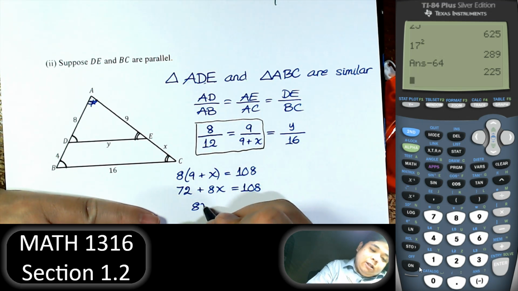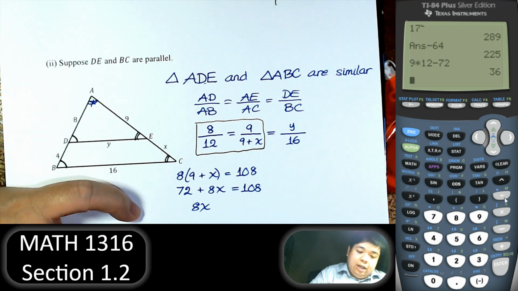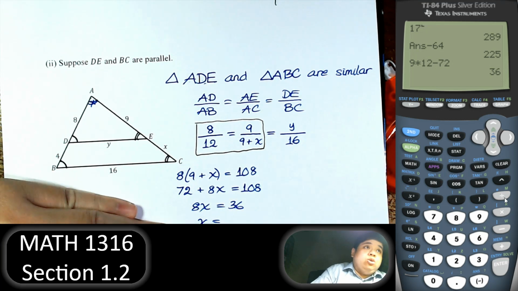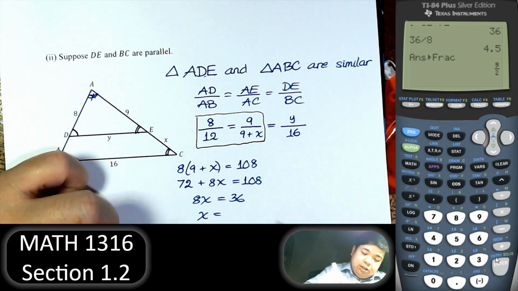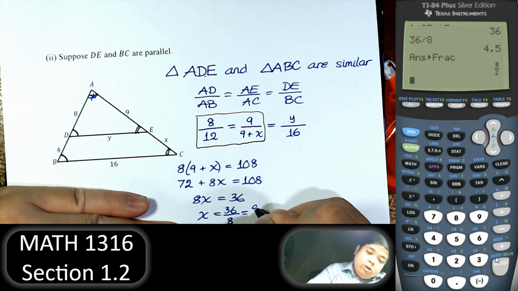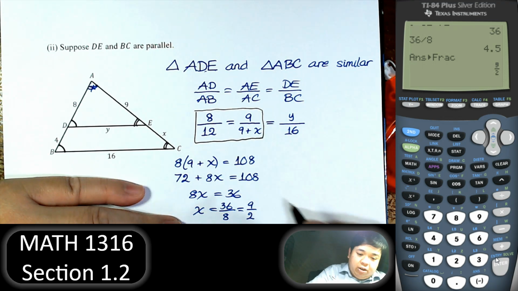So 8x is 9 times 12 minus 72. 8x equals 36. So x is equal to 36 divided by 8, and we can convert to a fraction if we want to, or cancel by 4, 9/2. So x equals 9/2 or 4.5.